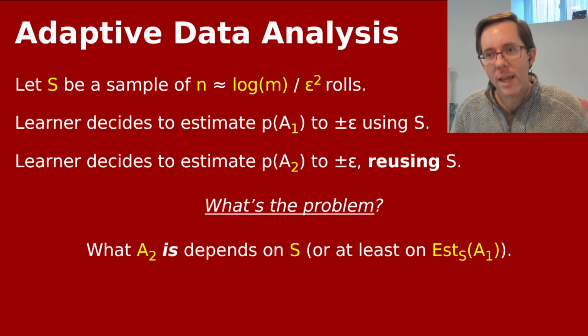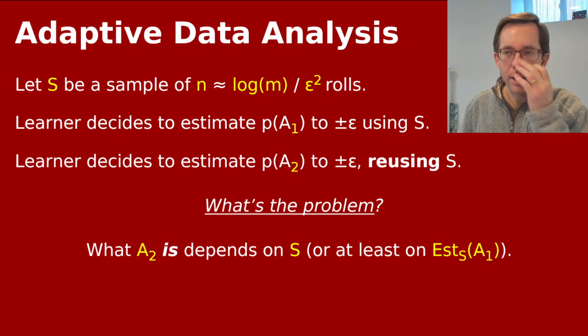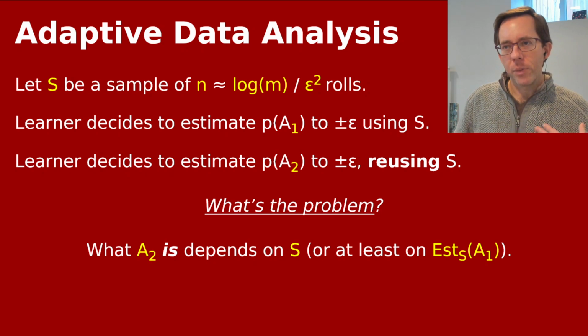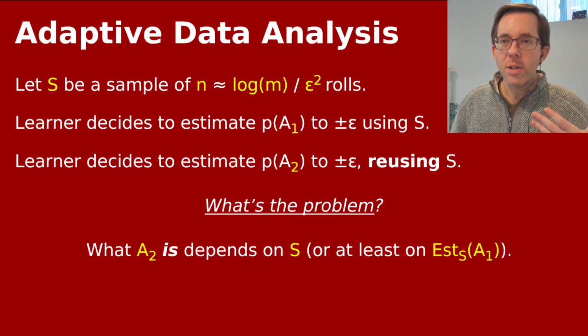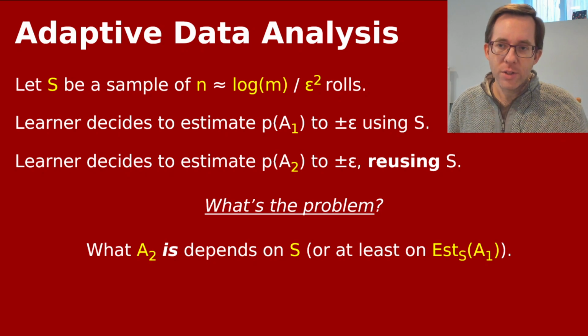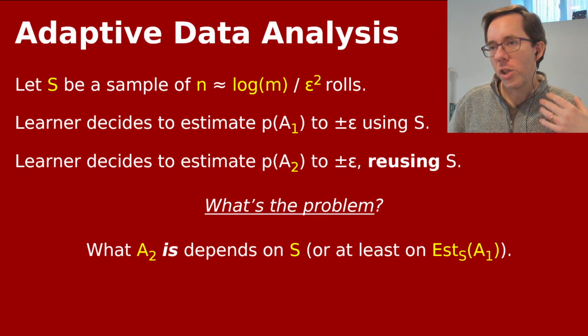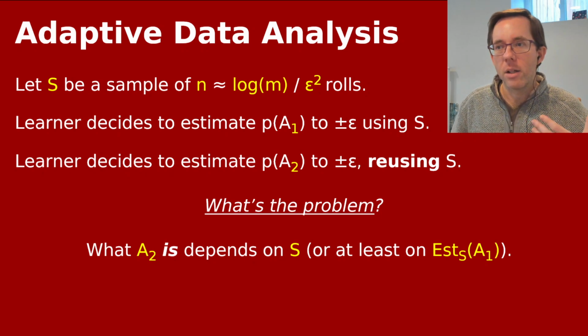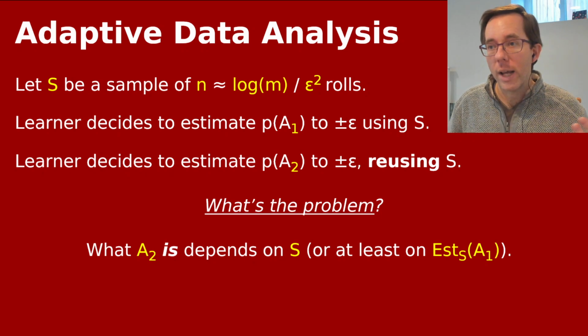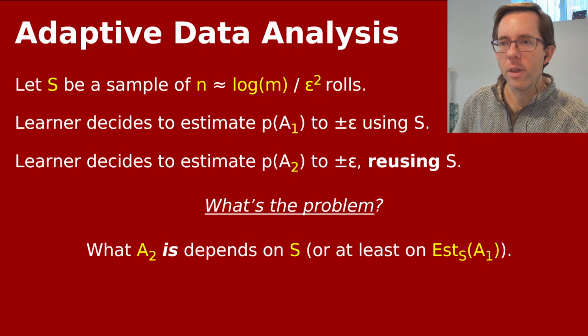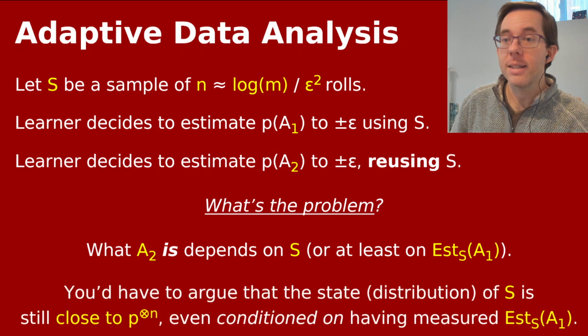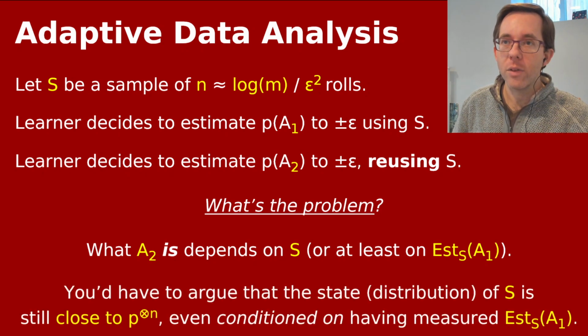You didn't fix A1 through AM ahead of time and then estimate all of those. Which event you consider as A2 might have depended on your estimate for A1, and which event A3 you considered might have depended on your estimates for A1 and A2, and so forth. And since these events were not fixed in advance, the previous analysis does not work.